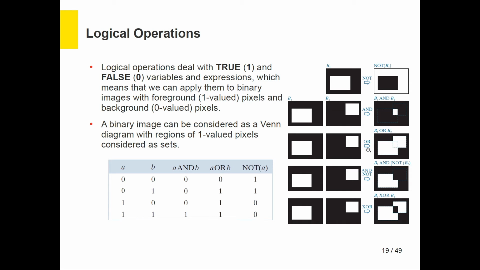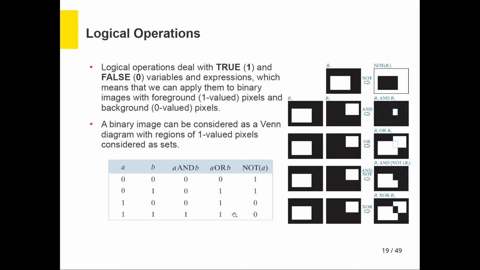We can define the OR operation, we can define the AND NOT operation, and finally we can define the exclusive OR operation, which contains any pixel that is in either B1 or B2 but not in both. And we can use a truth table to show this as well.